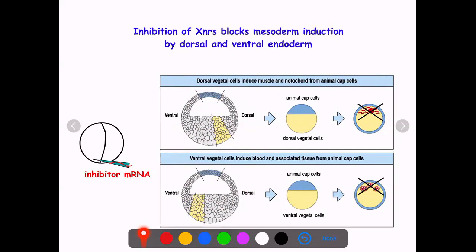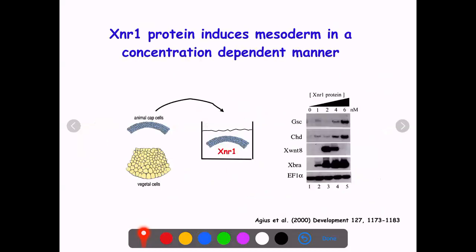And if you inject antisense XNR 1, 2, 4, then what happens is that mesoderm induction did not happen. And I think the same thing will happen with VegT, you can do that earlier, then endoderm doesn't form, so it's not going to happen also.